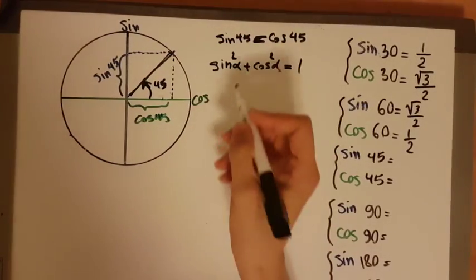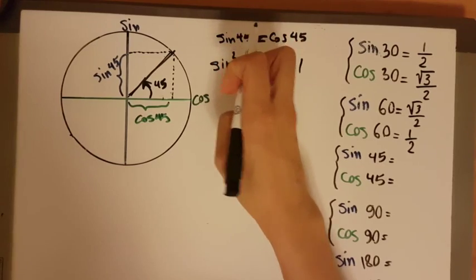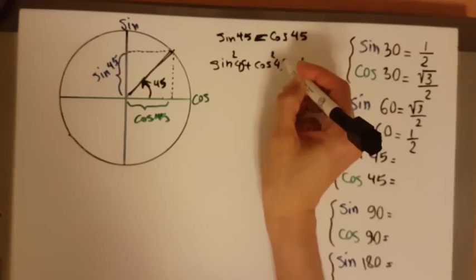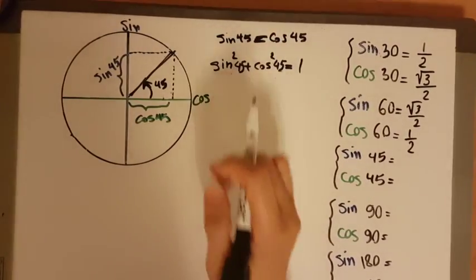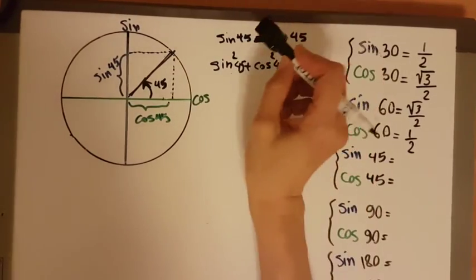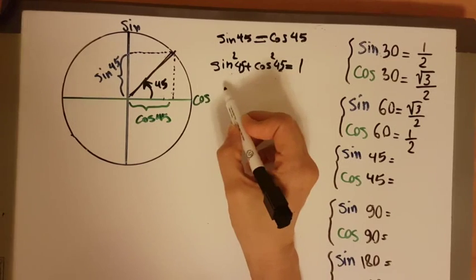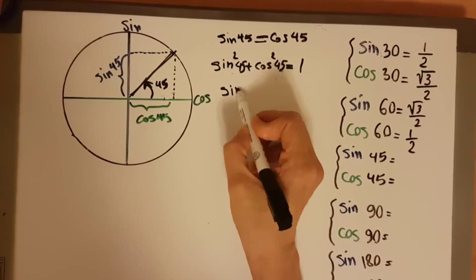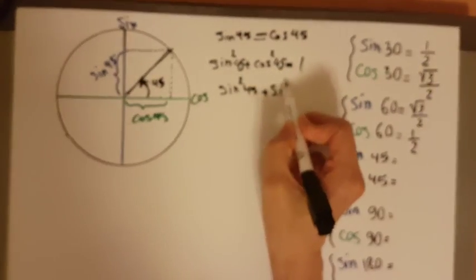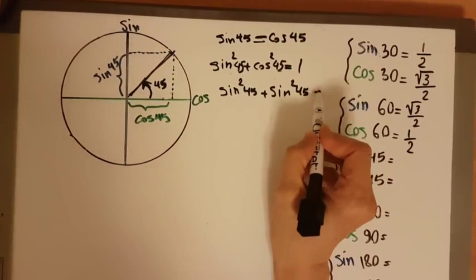And of course, this would be the same for 45, so I'm just going to substitute 45 here. Since you know that the sine and cosine are equal for this specific angle, let's substitute: sine square 45 plus, because cosine is equal to sine for this angle, I also put sine square 45, equals 1.